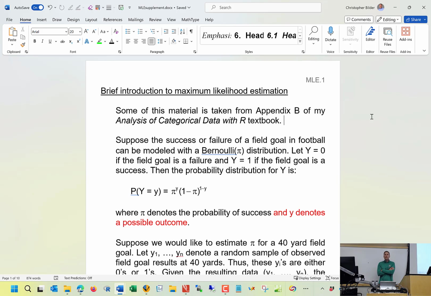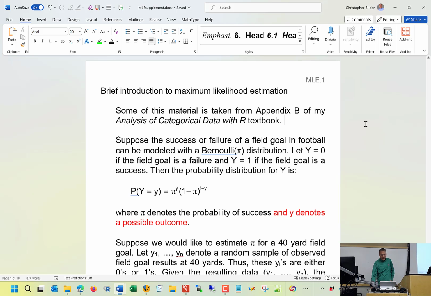I also talk about maximum likelihood estimation as an introduction whenever I do a mathematical statistics course. So if you look at my Stat 880 notes, you will see another explanation there as well.